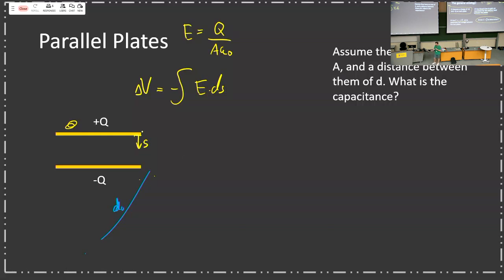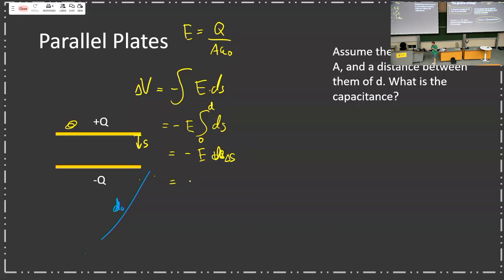Anyway, because E is constant, it's going to be equal to negative E integral ds, which is literally just negative E times S, where S is the total distance traveled. We could say this is between 0 and D if you want to.